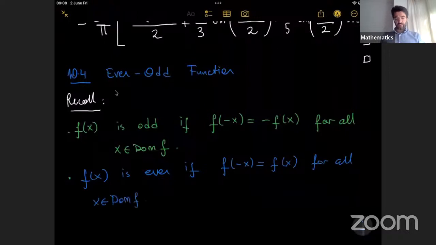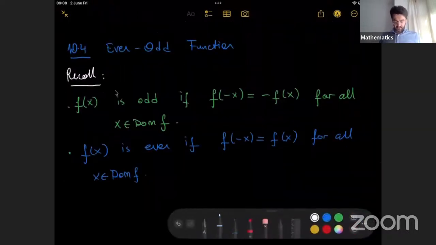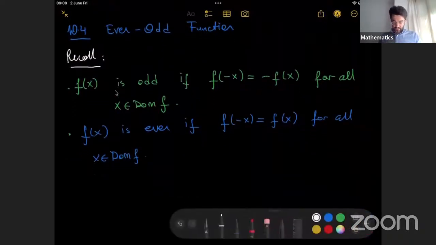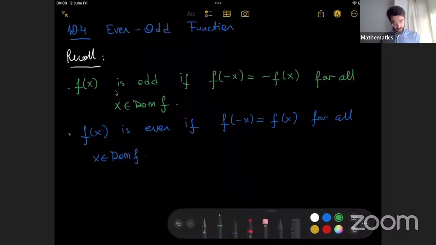Well, of course, a function is not necessarily odd or even, but if it is odd or even, life is easier. In the first case, when you have an odd function, you can see the graph is symmetric with respect to the origin.